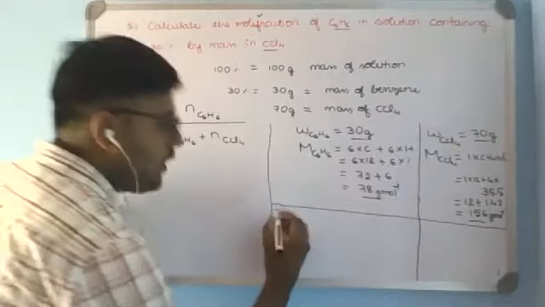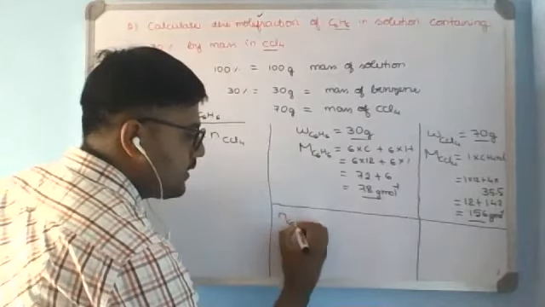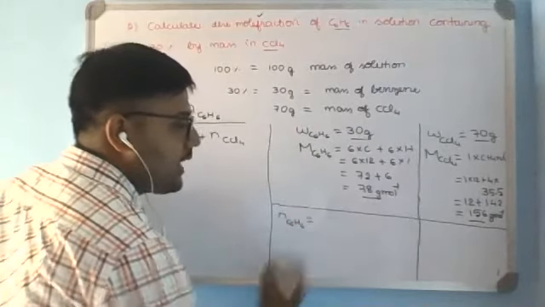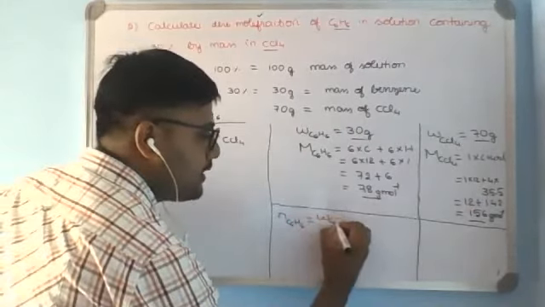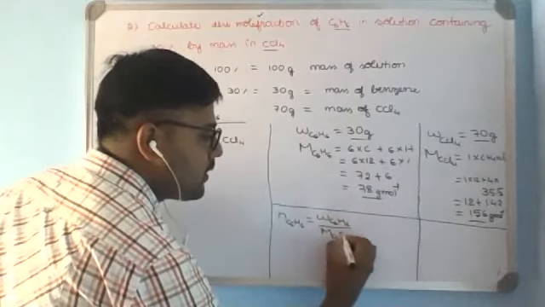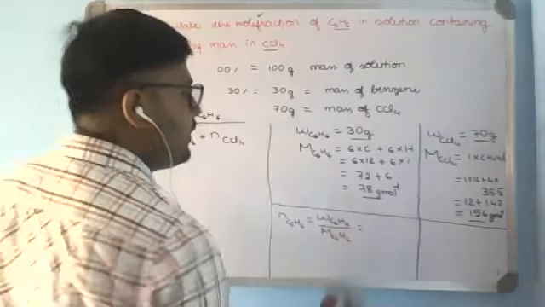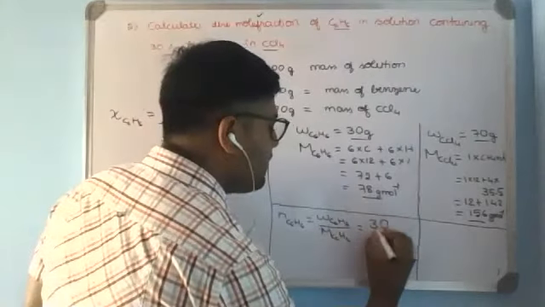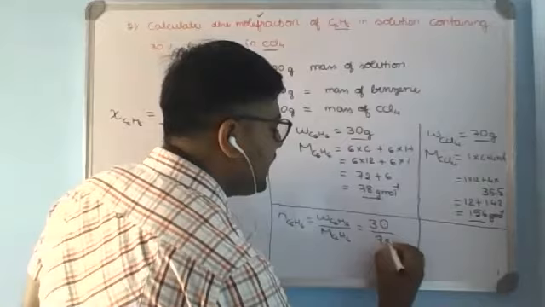Now, the number of moles of benzene is defined as the mass of benzene divided by the molar mass of benzene. That is equal to 30 divided by 78.